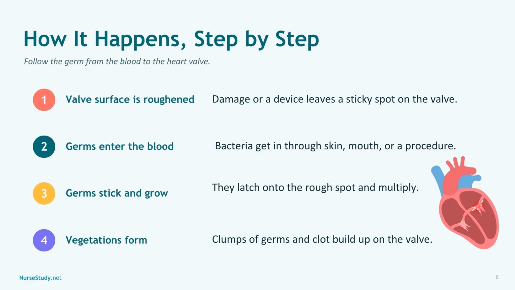They get in through the skin, the mouth, or a procedure. Step 3, those germs find that sticky spot, latch on, and start to multiply. And step 4, the germs plus little clots build up into those clumps we talked about, the vegetations. So the whole story is rough spot, germs in the blood, germs stick and grow, vegetations form. Simple as that.